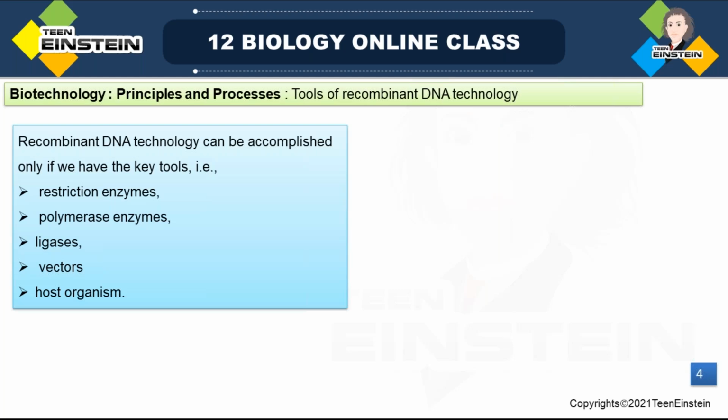Then we have already discussed that this rDNA or recombinant DNA technology we can perform only with the help of key tools. Which are the key tools? Restriction enzymes, polymerase enzyme, ligases, vectors, then host organisms.